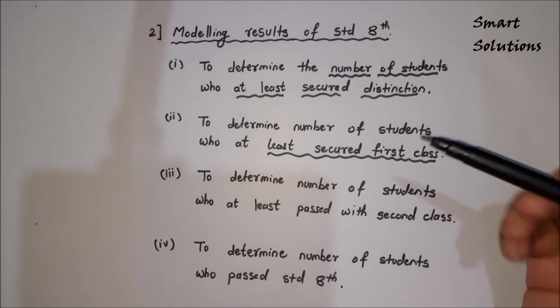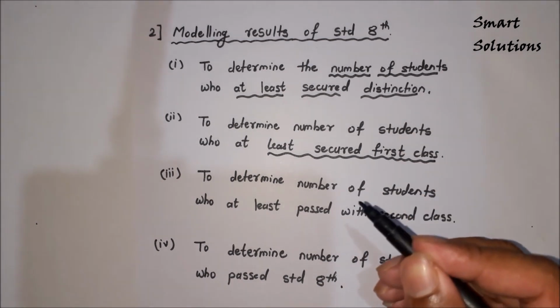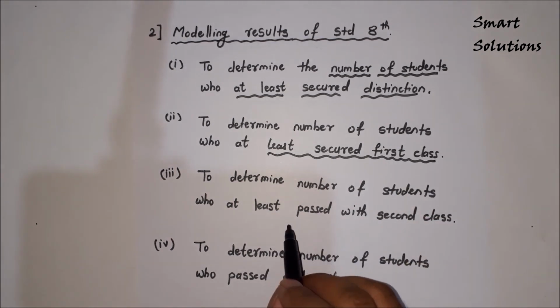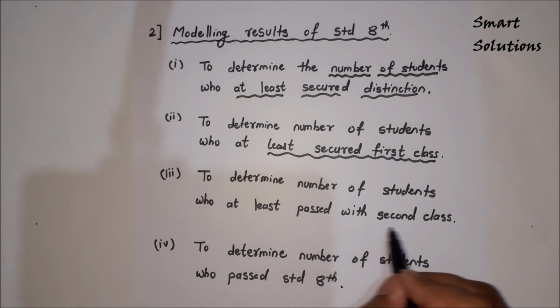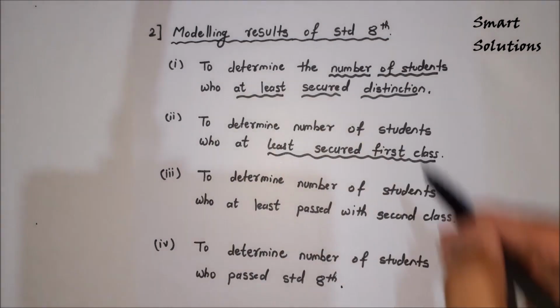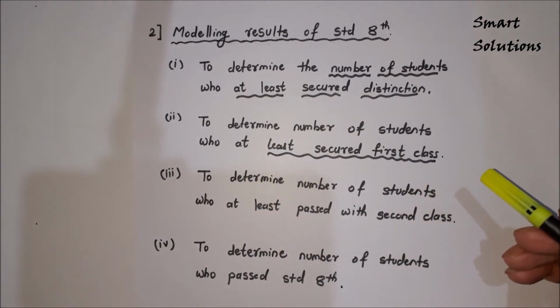So first we considered students who secured at least distinction, then first class, and now students who at least passed with second class. And the last statement is to determine the number of students who passed standard 8th. So this is one of the problems that we were able to formulate.